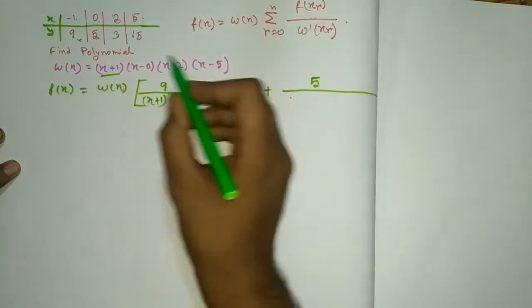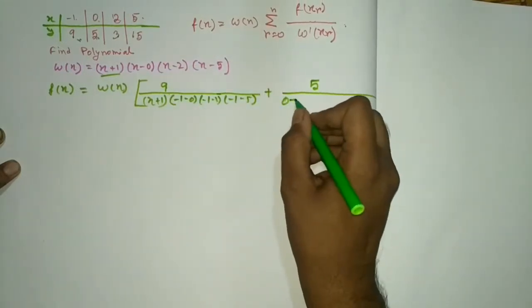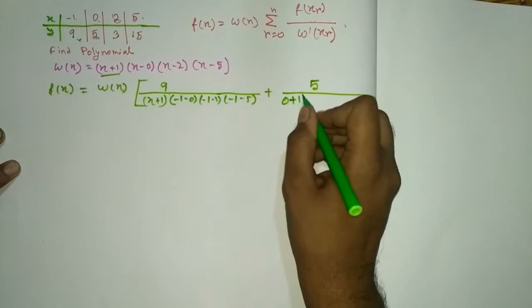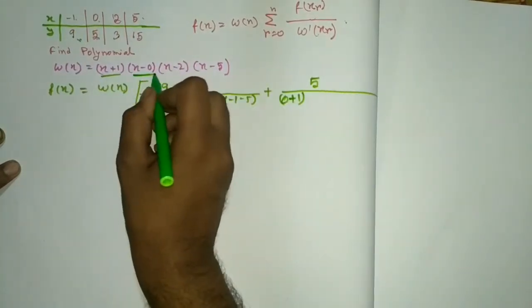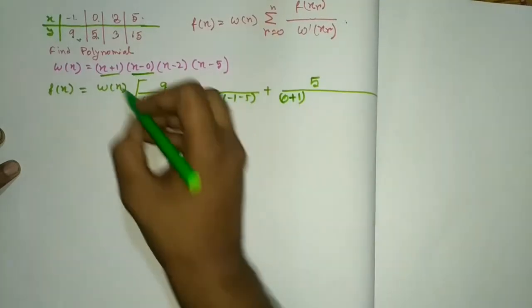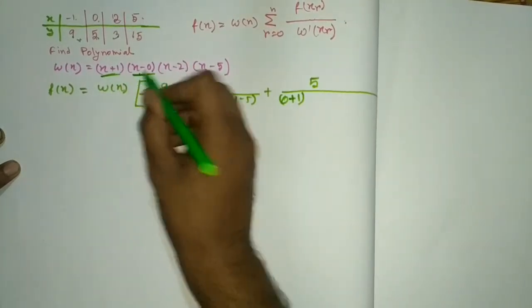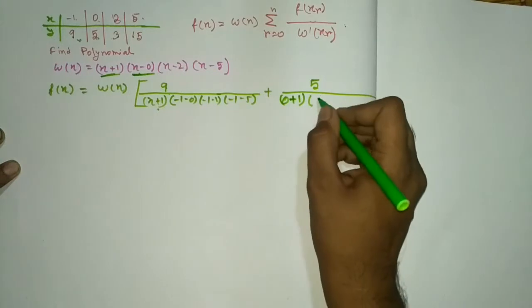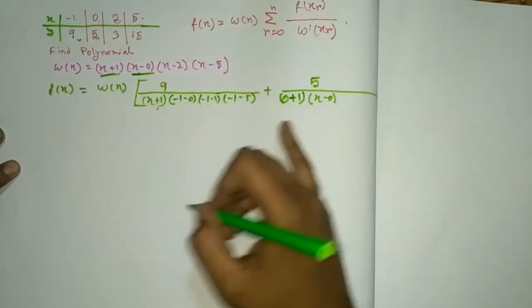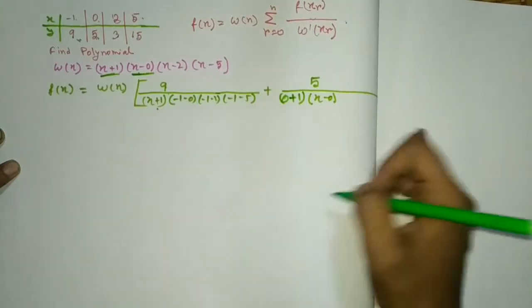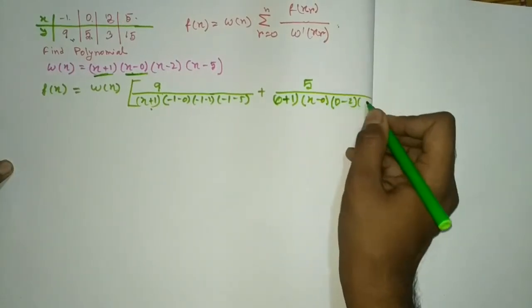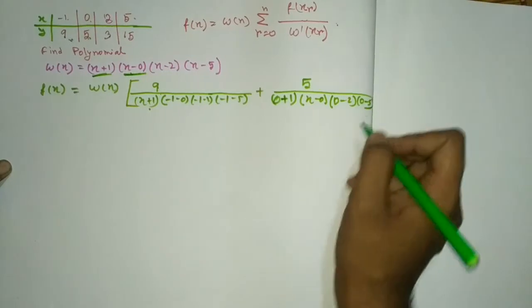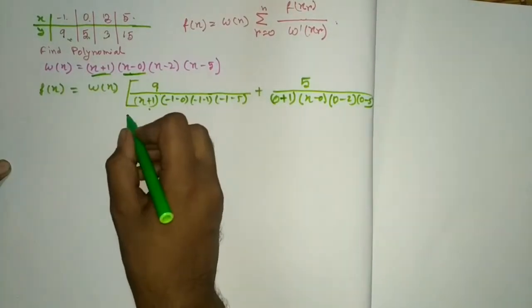Okay, this is for the first term, and for the second term write this 5 at the numerator, and the denominator for this second term will be x minus 0, since 0 is the second x value, and the other terms will be 0 minus 2, 0 minus 5, and 0 plus 1.